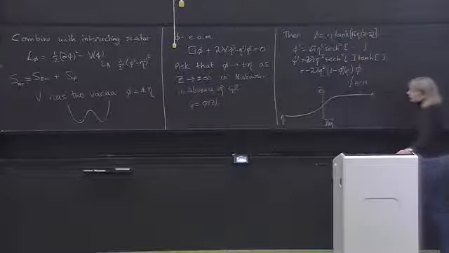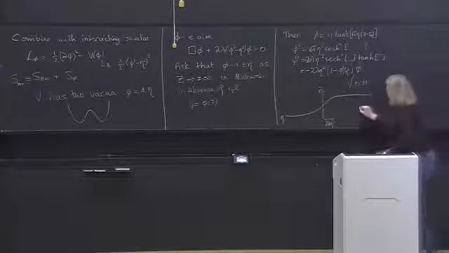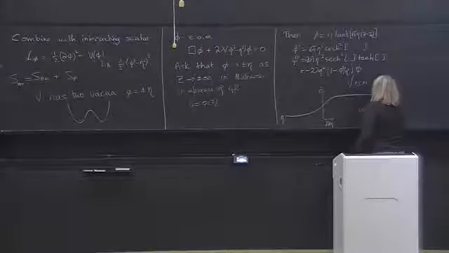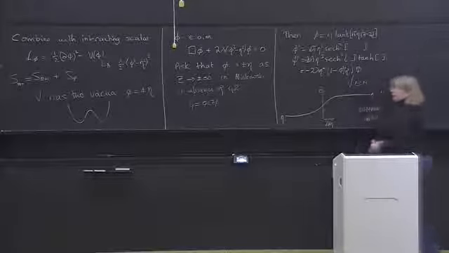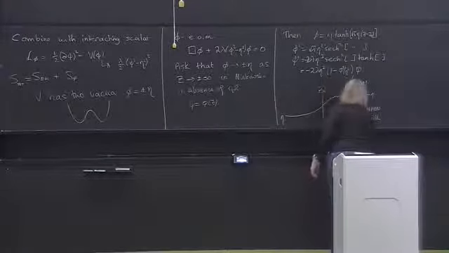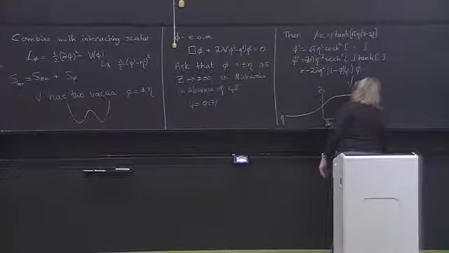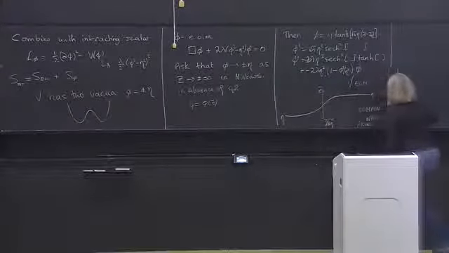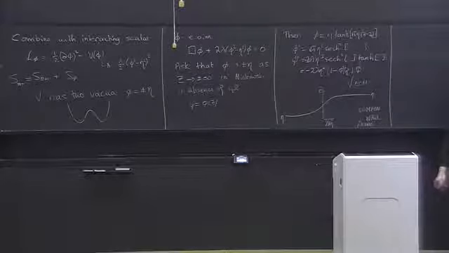So this is called a domain wall if we're living in however many dimensions. Sometimes you'll see it called a kink. And it's an example of what we call a topological defect. So it's a non-perturbative solution to field theory.